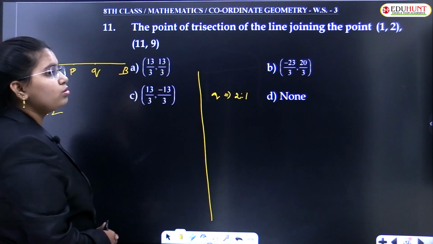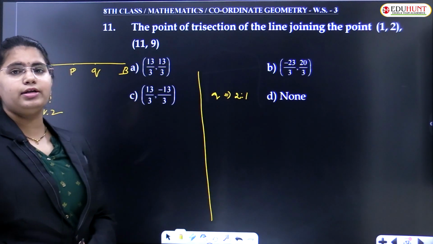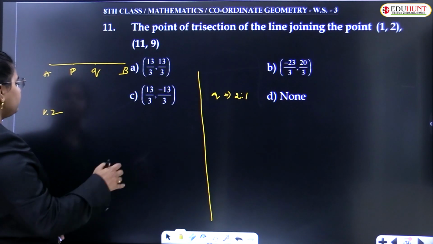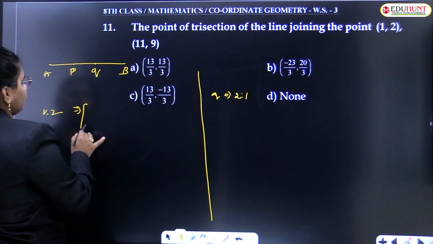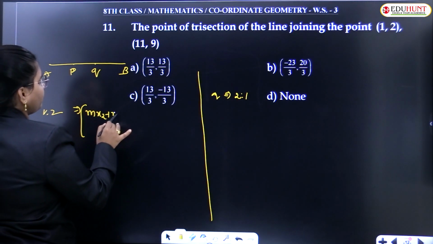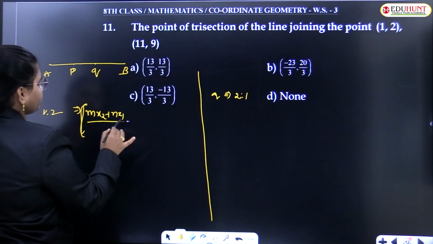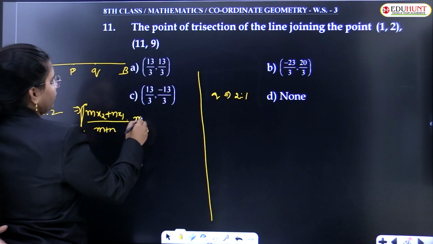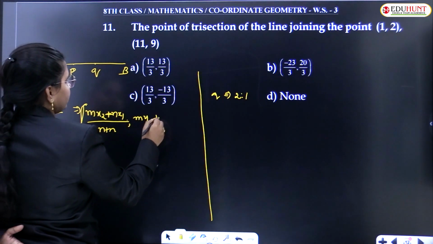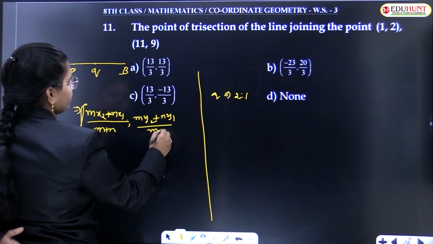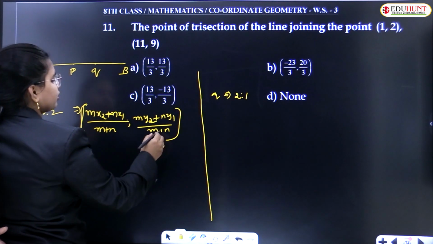And that particular point divides internally. Yes or no? So let's begin the problem by writing the internal formula: mx2 plus nx1 by m plus n. Similarly, my2 plus ny1 by m plus n. Correct?